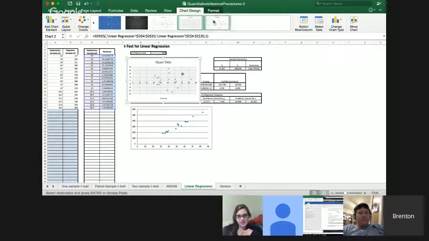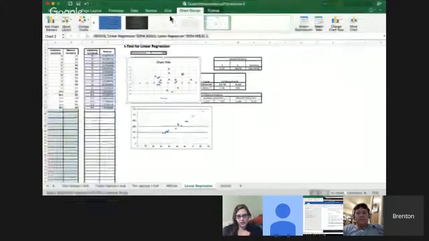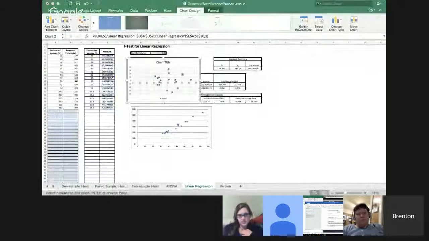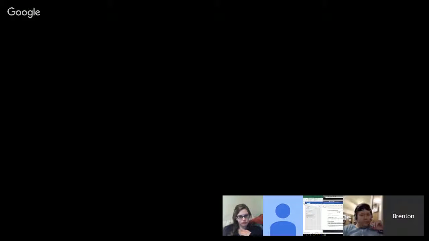So test the linear relationship, state the null and alternative. So there is a linear relationship. Our null hypothesis is that, well, they're saying b1 equals 0, and the alternative is not equal to 0.